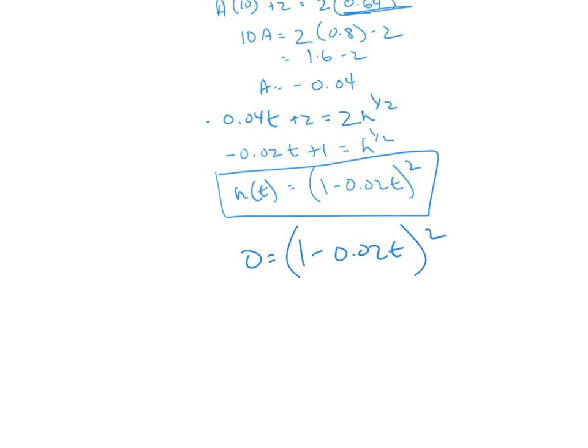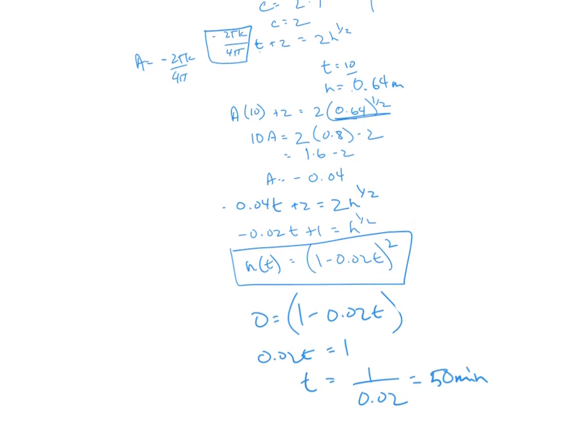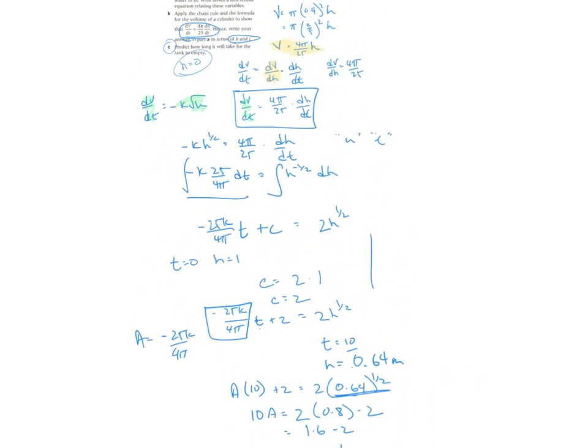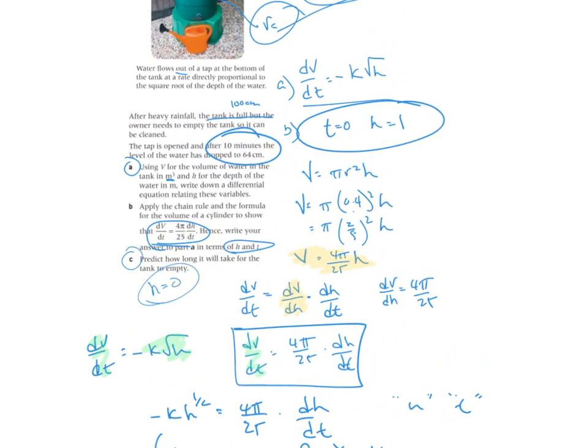I can get rid of the squared and then I just solve for my value. 0.02t is equal to 1. t will be 1 over 0.02, which I know if I put in my calculator is 50 minutes. Quite an involved question. A lot of calculus, bringing in even the chain rule and related rates a little bit. Quite challenging.